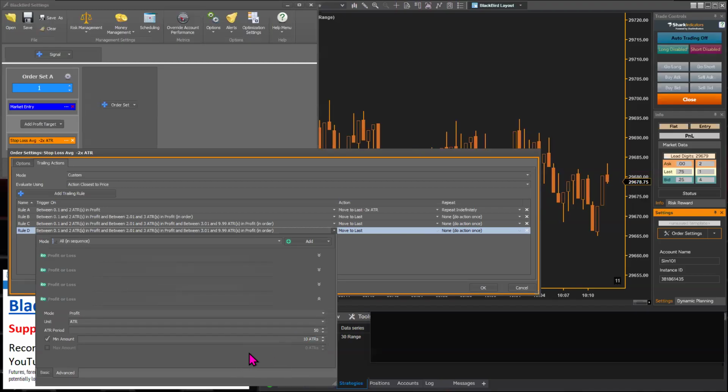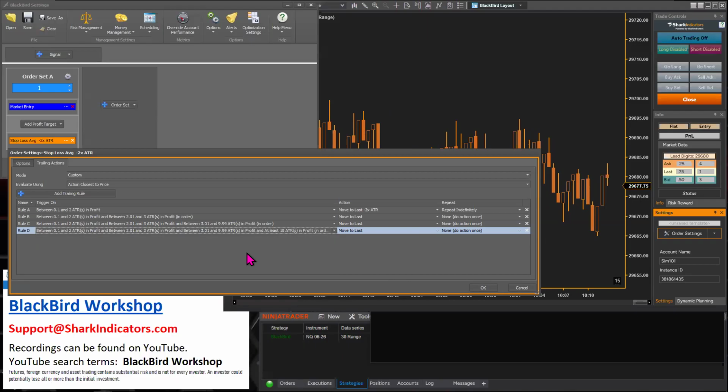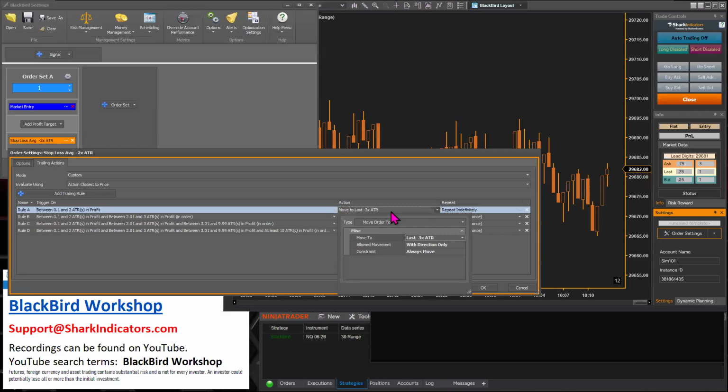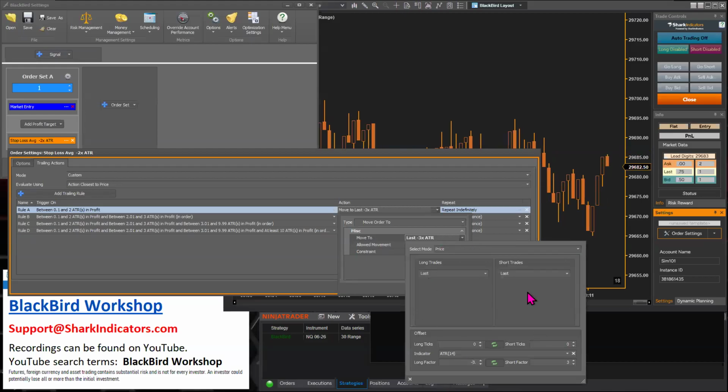So also, one thing to note here, that this ATR period is defaulted to 50, right? Whereas in the actions menu here, if we open up the move to, we can see the ATR defaults to 14, right?